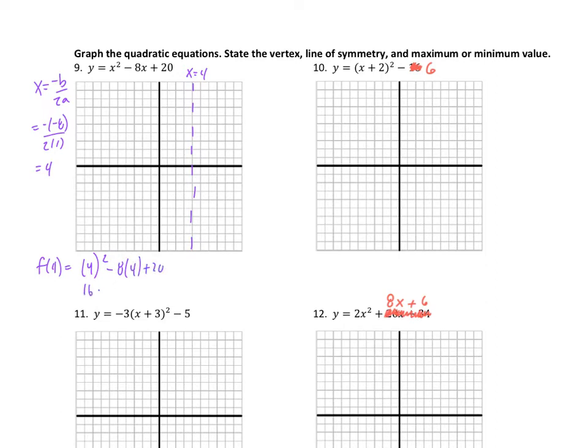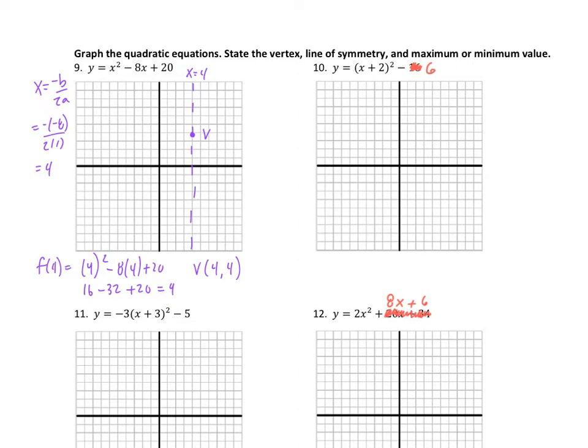So 16 minus 32 plus 20. 16 minus 32 is negative 16 plus 20 is 4. So my vertex is at 4. Plugged 4 in, got 4 back out. So my vertex is at 4, 4. Go ahead and label that with a V. So there's my vertex, my line of symmetry.